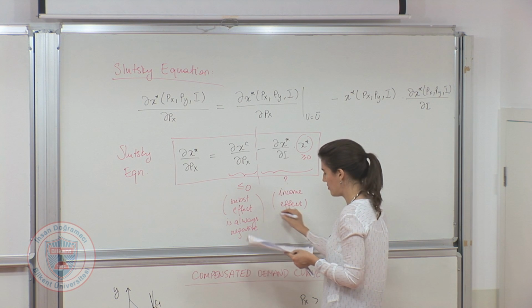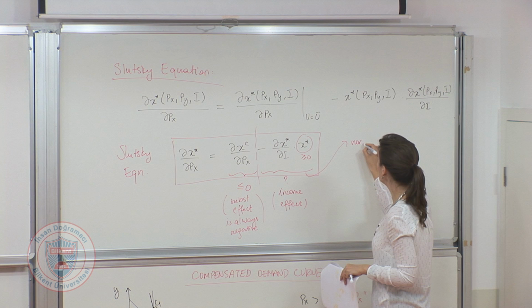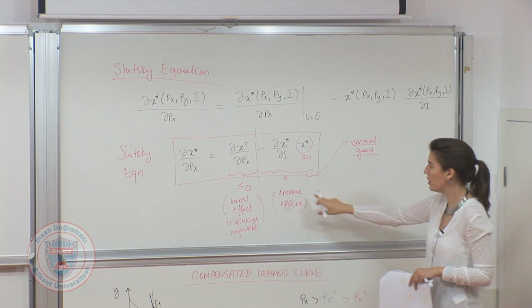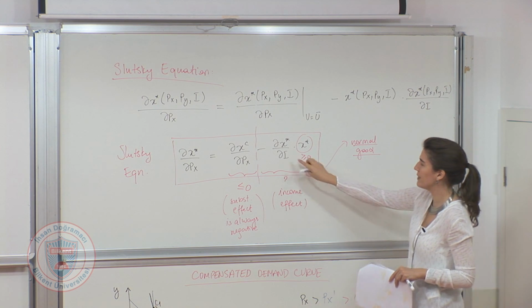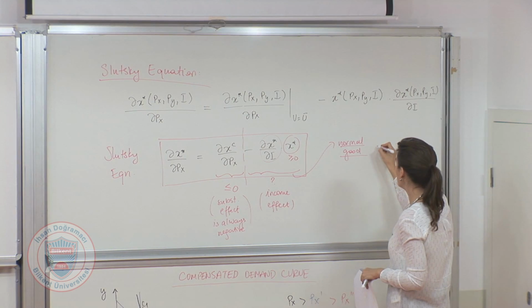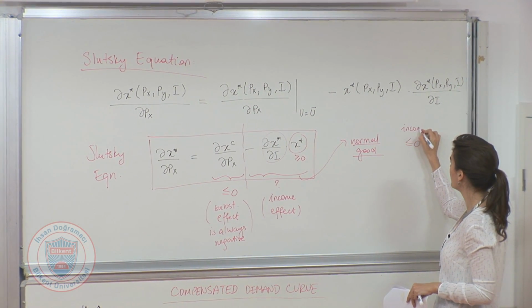So if it's a normal good, we know that this guy is positive, so the income effect is going to be negative, right?